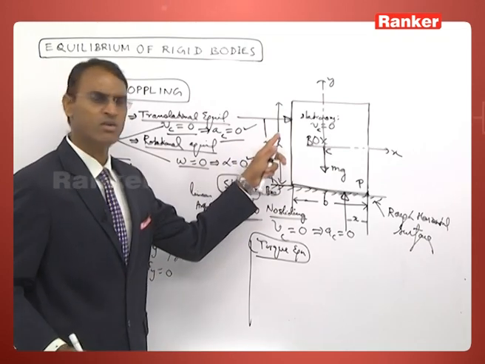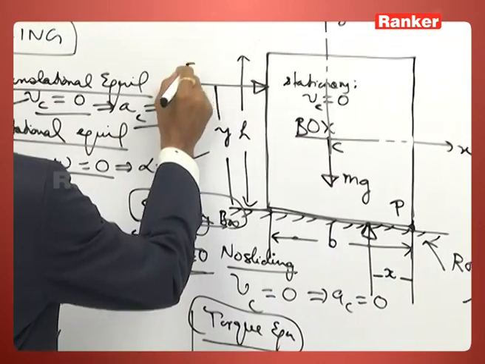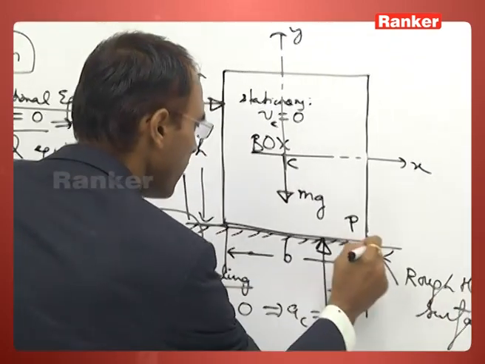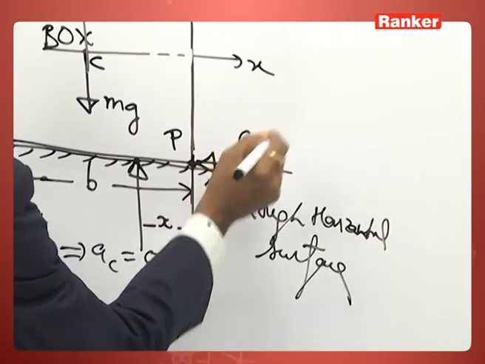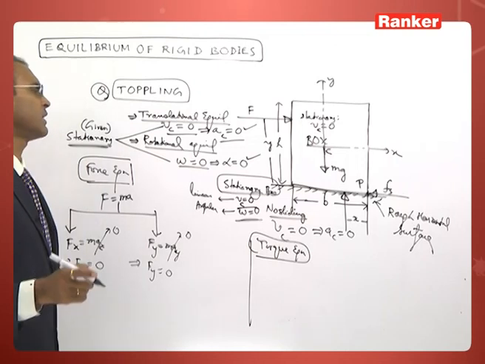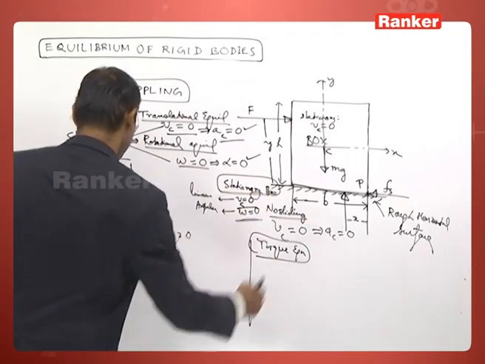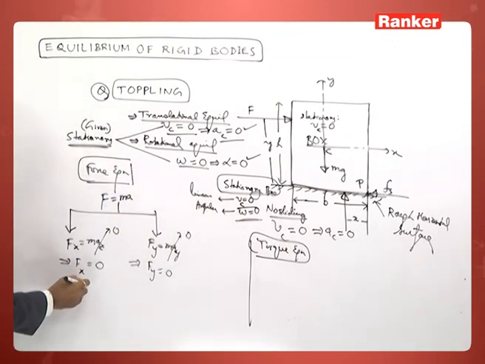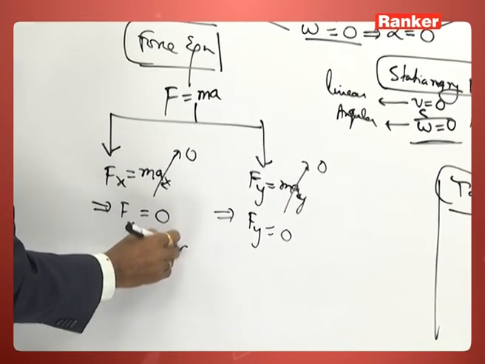What is the net force acting on the body? Along X direction, one force is pushing in this direction, and since the surface is rough and the body is not sliding, the static force of friction which prevents the relative sliding must act in the backward direction or leftward direction. So net force will be F minus Fs in the horizontal direction, which can be equated to 0.